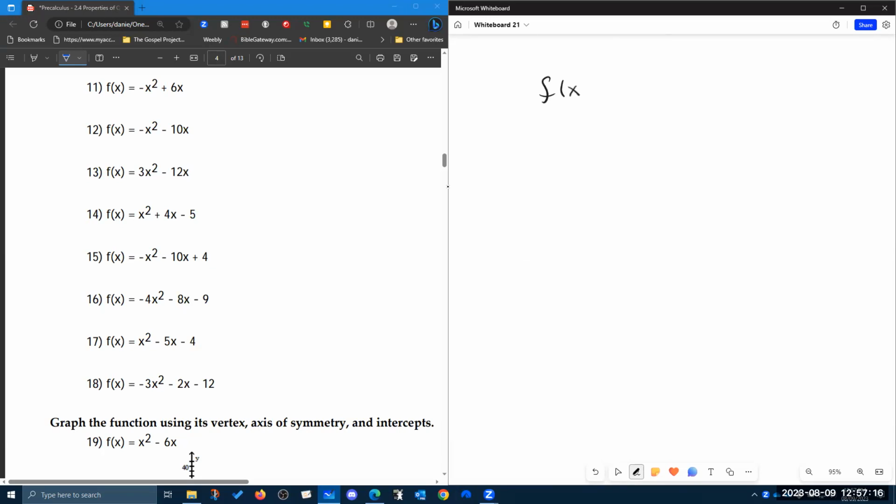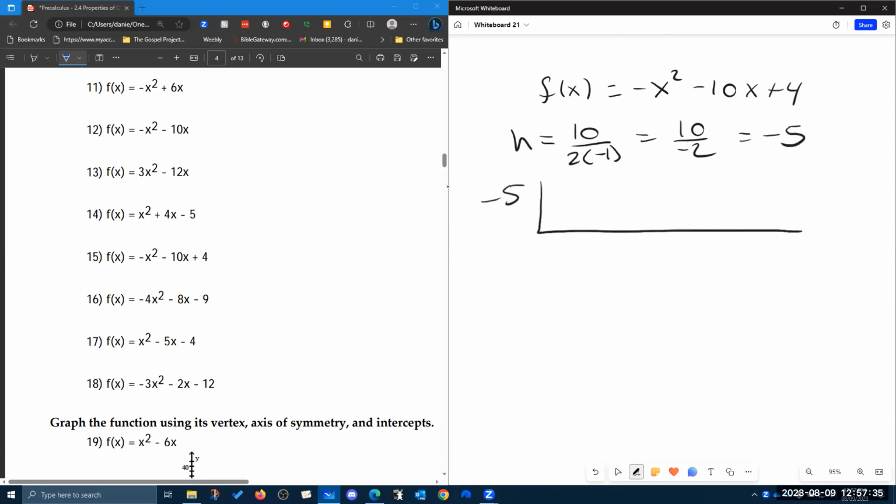I now have f(x) equals negative x squared minus 10x plus 4. Our x coordinate of our vertex is going to be negative b over 2a. Let's use synthetic division.